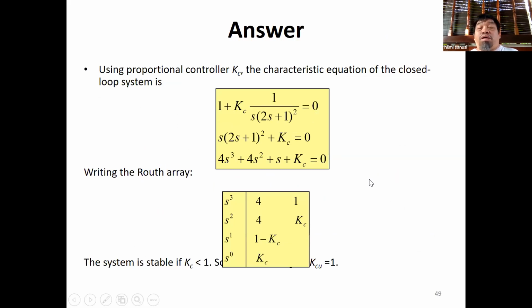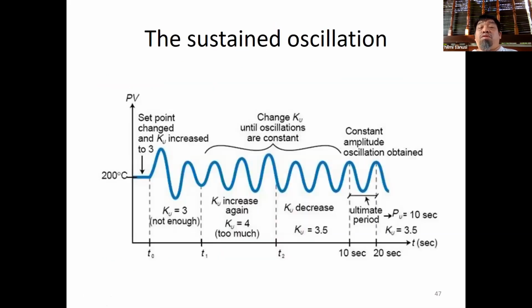Then you have, when the oscillation frequency is stabilized, you have a constant amplitude of oscillation. So this is when the actual frequency being used. So you just change your set point dengan gain.